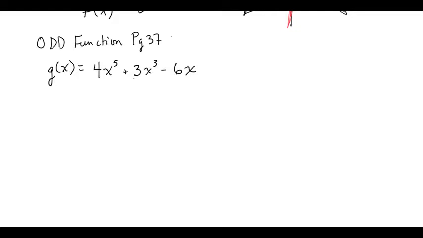The second part of this definition says that an odd function satisfies this property, that f of negative x results in the negative of the original function. Well, let's see if that holds true for our function. We have a g of x. It's saying that it satisfies f of x, but of course f and g are the same thing.